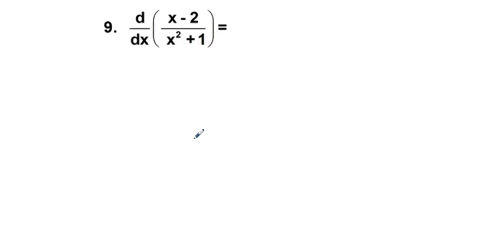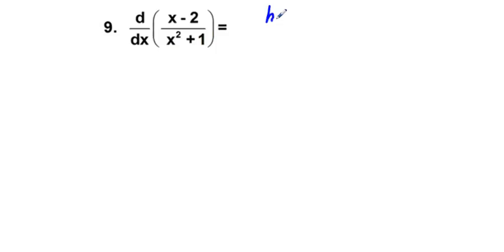Next problem, we have d dx of x minus 2 over x squared plus 1. Now this is a quotient. You have a derivative of a quotient of 2 functions. We could make this a product, taking this quantity x squared plus 1 to the negative 1 power, but I think this is an opportunity to just use the quotient rule.